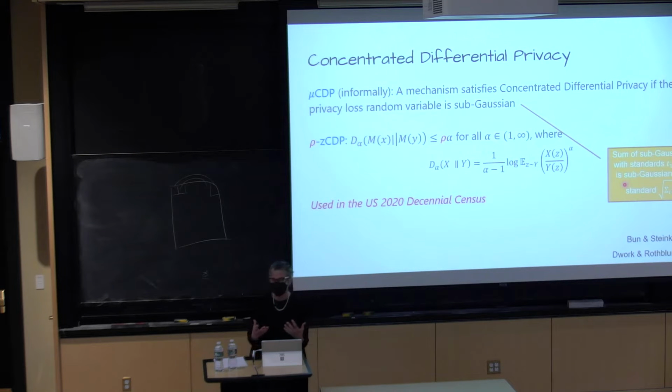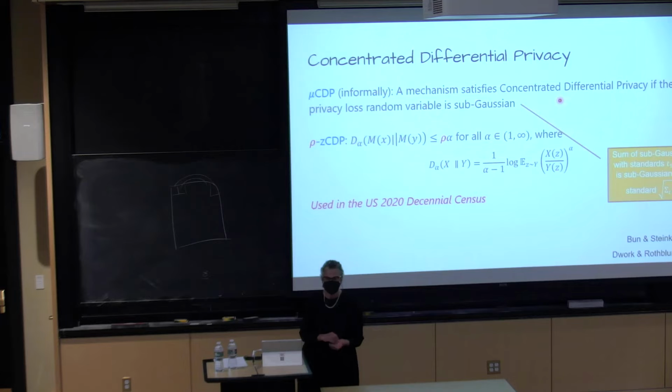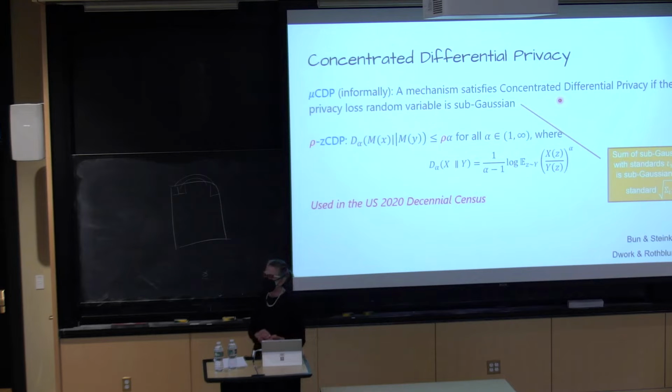And it just works. Now, our version of concentrated differential privacy wasn't closed under post-processing. Privacy loss didn't get worse under post-processing, but it didn't keep its nice form. It didn't stay concentrated properly.